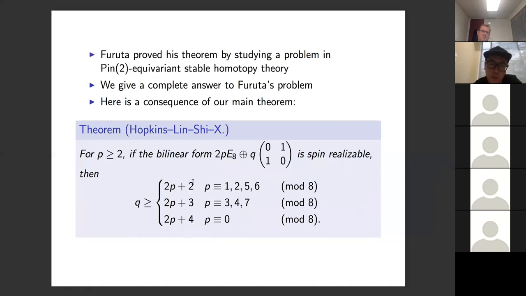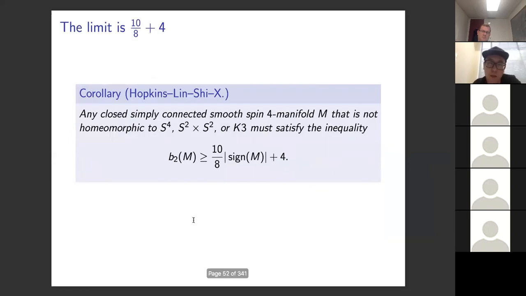In the Furuta case, all these numbers are 1, so we have a bigger number. It's not 3p, which would prove the 11/8 conjecture, but that's what we have. As a corollary, for the simply connected case, when the manifold is not S4, S2 cross S2 or K3, it will satisfy the 10/8 plus 4 inequality.